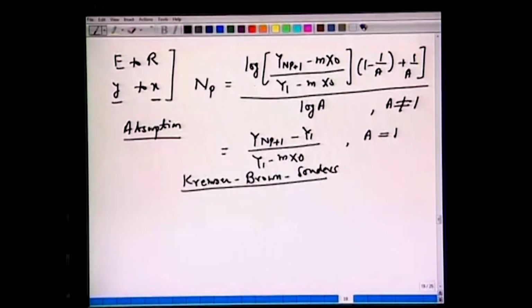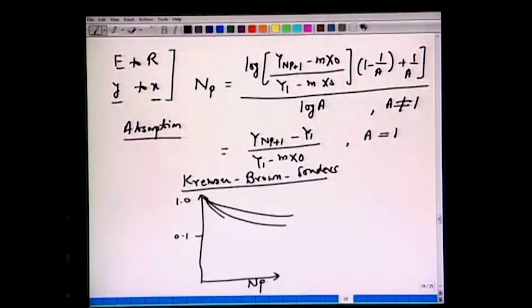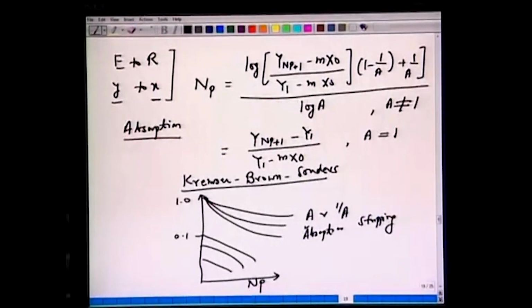and the same equations have also been given in the textbook in graphical form. You can have NP, number of stages, and you will see different coordinates, a set of curves A or 1 over A, for absorption or stripping, two different cases when we have mass transfer from E phase to R phase or vice versa, R to E phase.